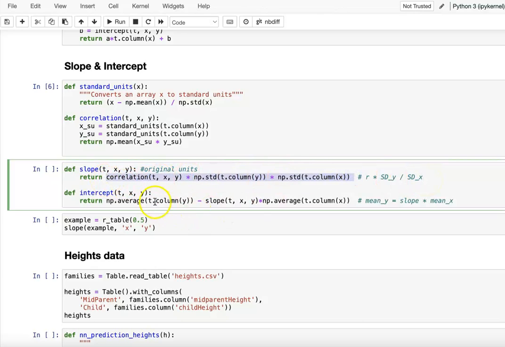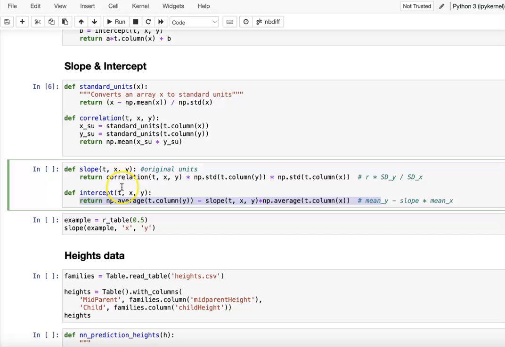We can call the correlation function and use the np.std standard deviation function to get the standard deviations. The same goes for the intercept, as we showed earlier. The intercept for the regression line in original unit will equal the average of y plus, sorry, here it should be minus: the average y minus the slope times the average x. So that's how we fill up the function here.